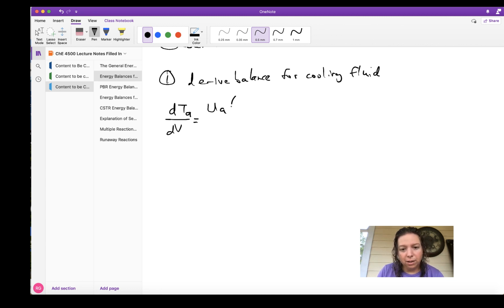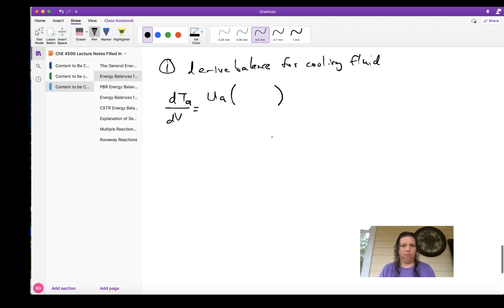So now we know that the temperature is going to change pursuant to a UA delta T, a temperature difference. And in the last case, we said that we want to ensure that the way we order the temperatures is going to allow heat to transfer in the physically correct way.